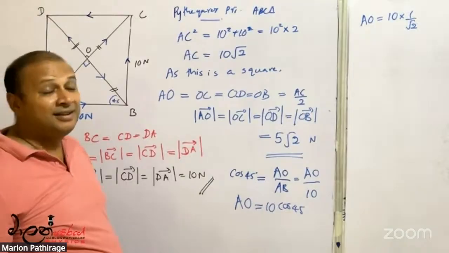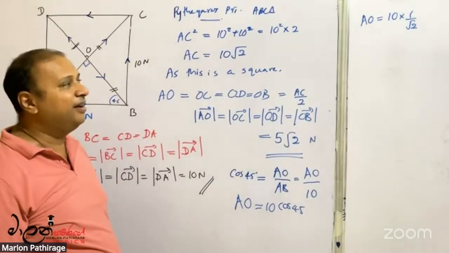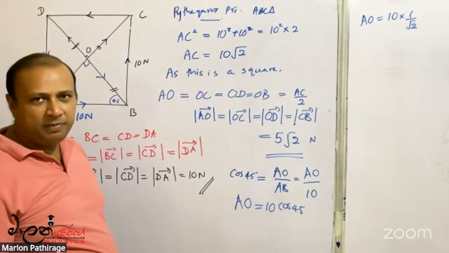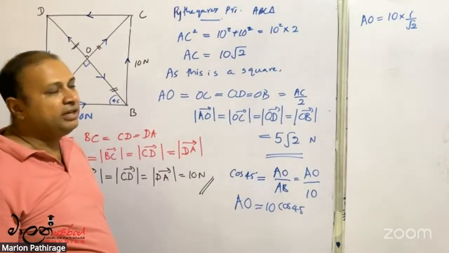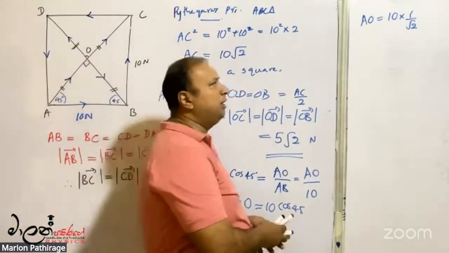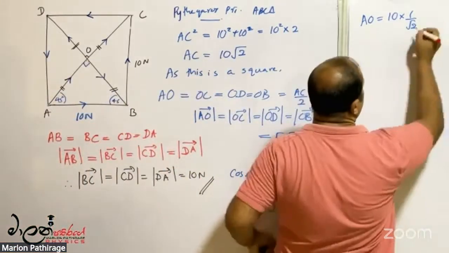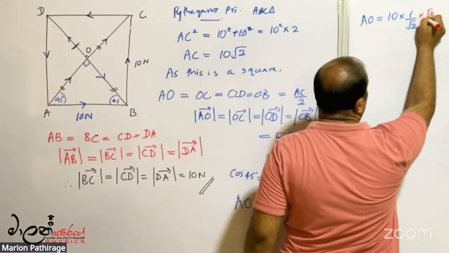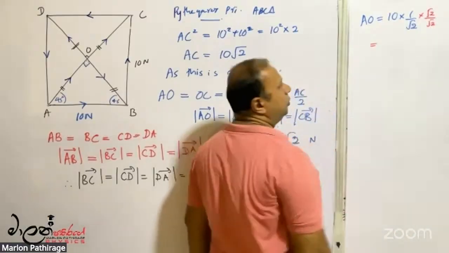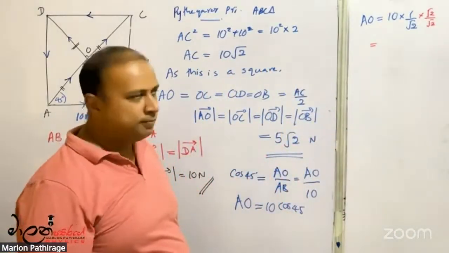You can rationalize the denominator. How to rationalize the denominator? You can multiply the denominator and numerator by root 2. If you multiply both numerator and denominator by root 2, root 2 times root 2 means 2.